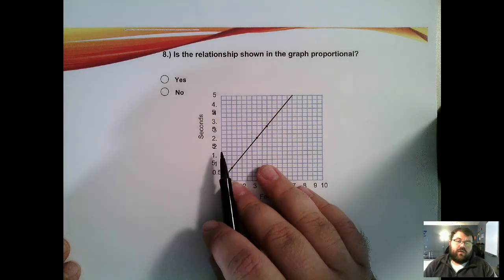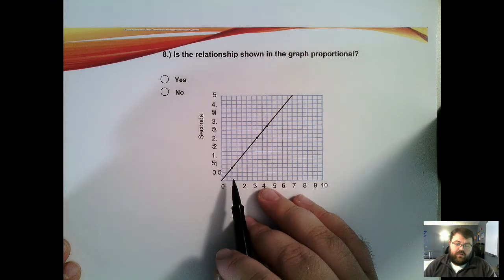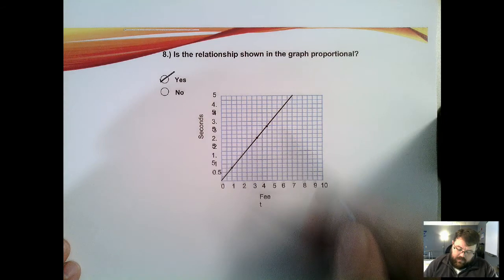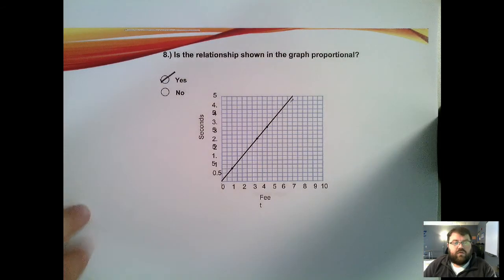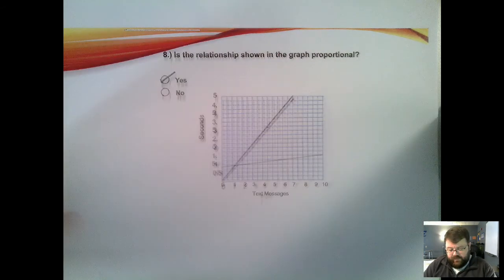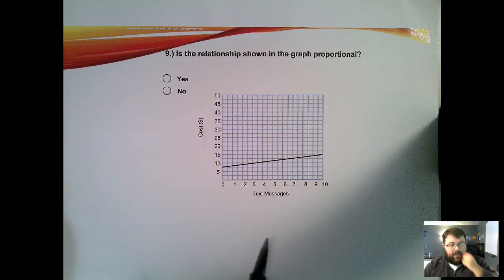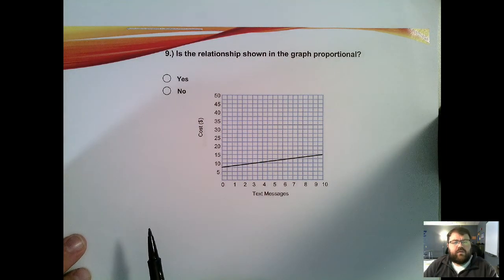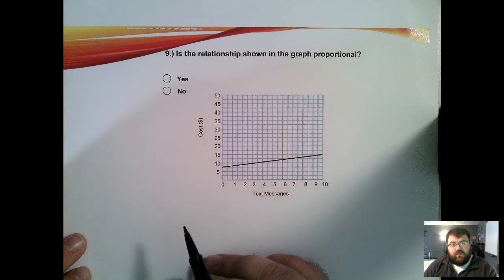For this one, hopefully you say yes, because it is a straight line that passes through the origin. For this one, hopefully you say yes or no. Which one do you think?